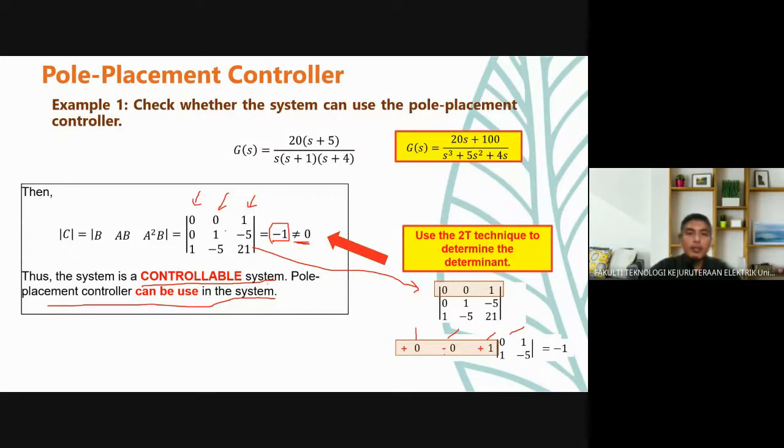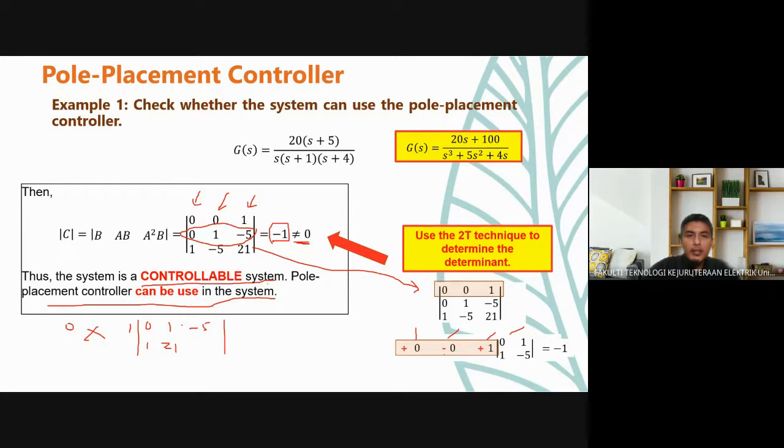Let's say we want to use this 0, 1 and -5. I put 0, 1, -5. For the 0, we don't care. For the 1, you will get 0, 1, 1 and 21.